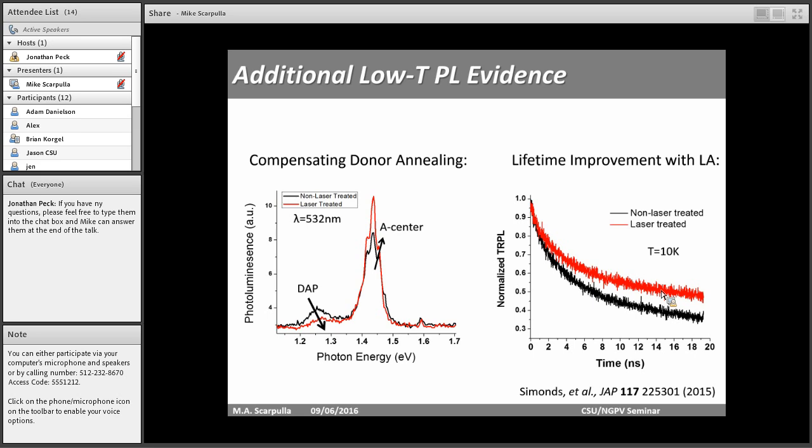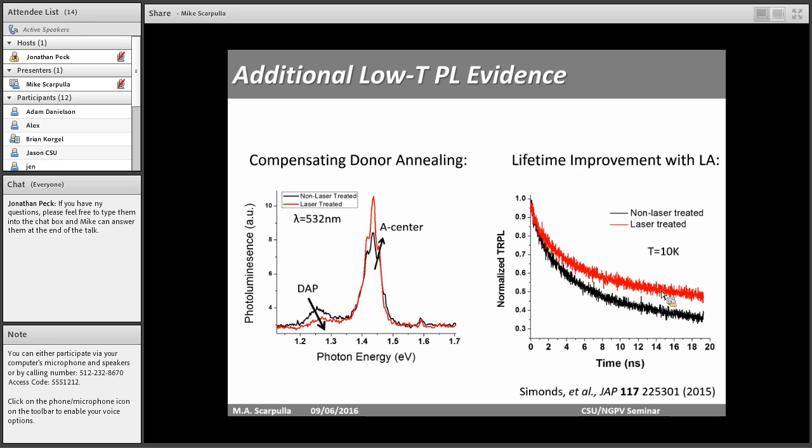The major features here: the A center peak at about 1.45 eV was increased with the laser annealing, and we saw some reduction of a lower photon energy donor acceptor pair, which we suspected was occurring at the surface.